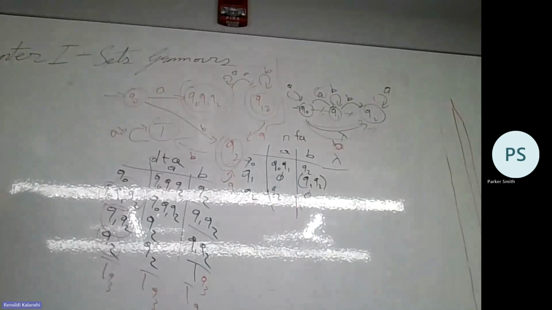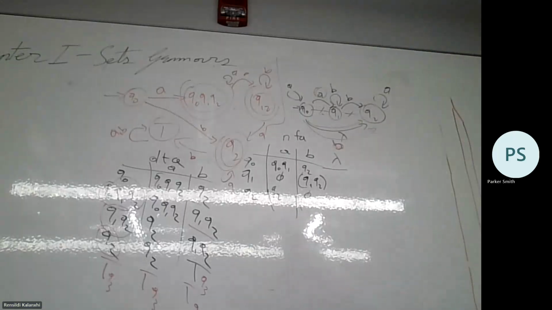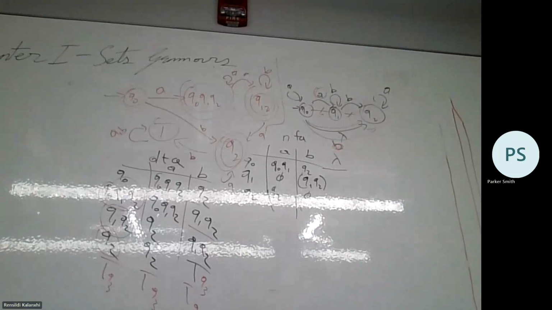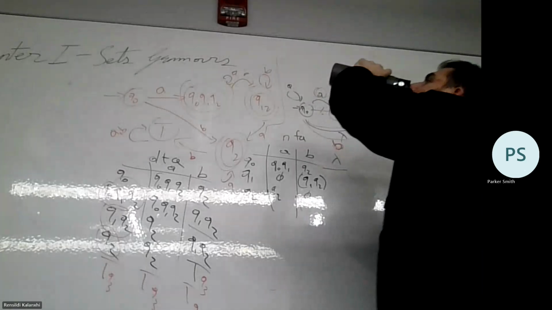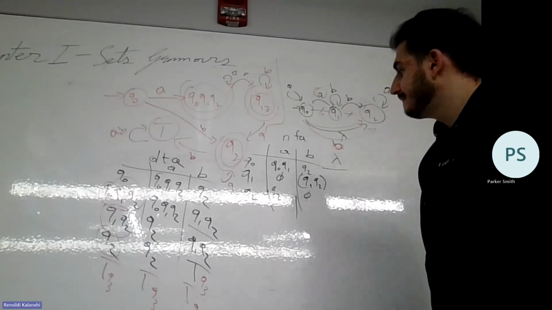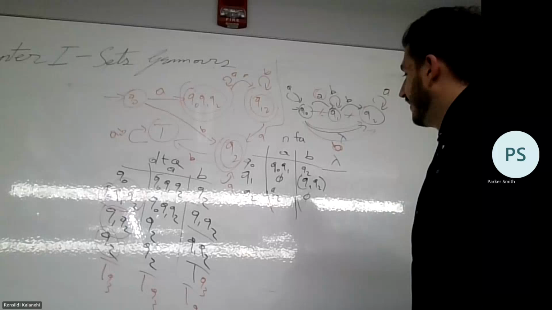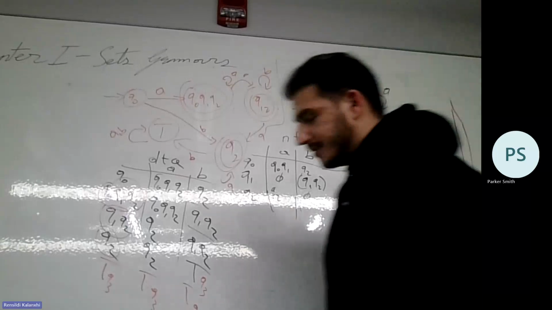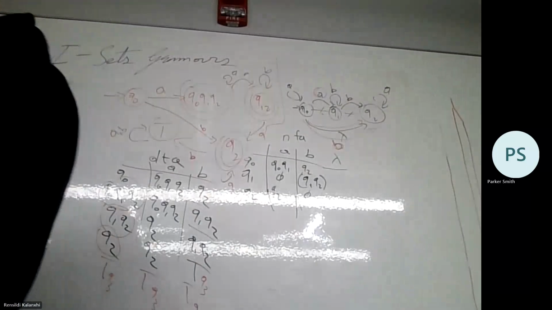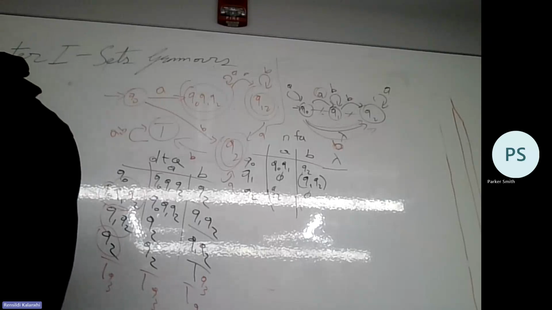Q0, the final state. Why did I think that Q0 could be a final state because of the lambda?